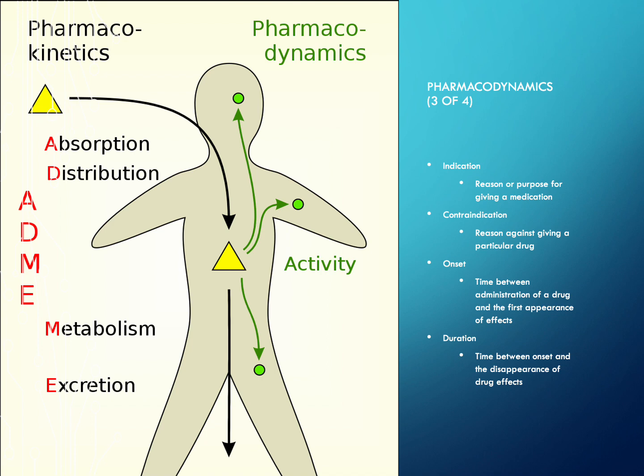That's going to be the reason we wouldn't want to give a patient a particular drug. And then the onset. The onset is the time between the administration of the drug and the first sign of its effects, which we talked about before. And then lastly, the duration. The duration is the time between the onset and the disappearance of the drug's effect.